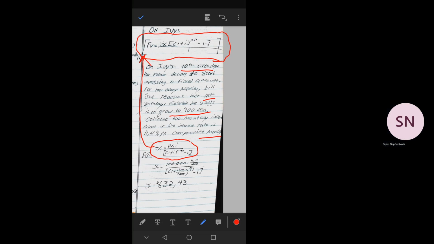So now we substitute the future value, they have 100,000, and i is 11.4 because it is compounded monthly, divided by 12. That is 1.2, or 11.4% times compounded period is 1 over 12.